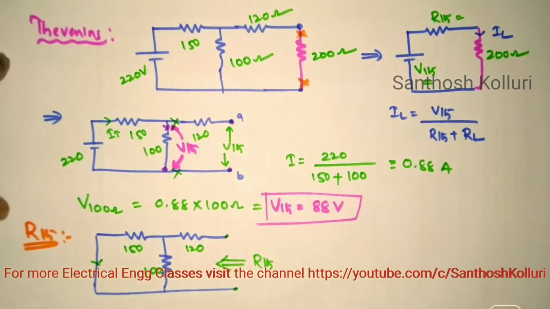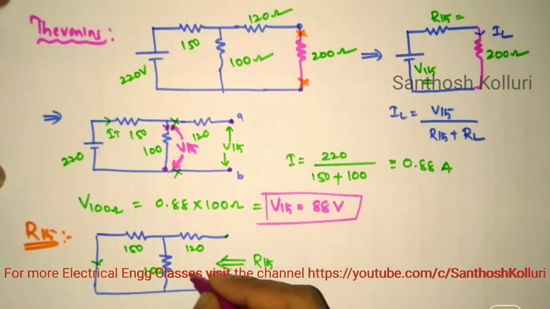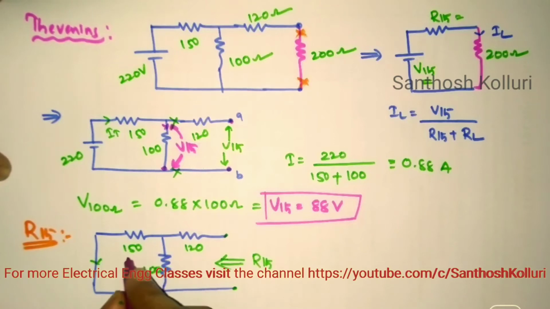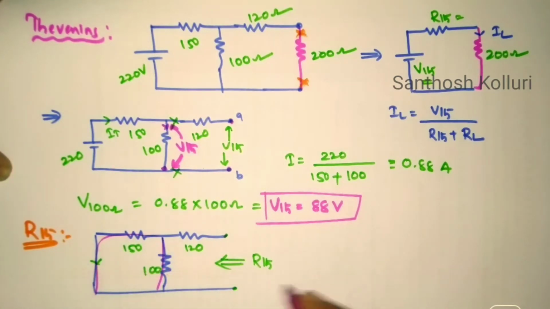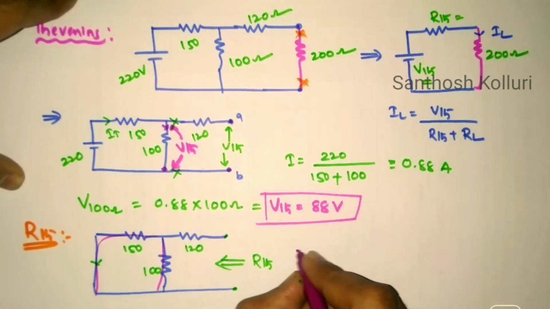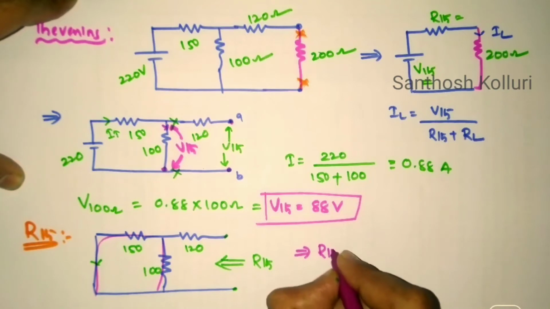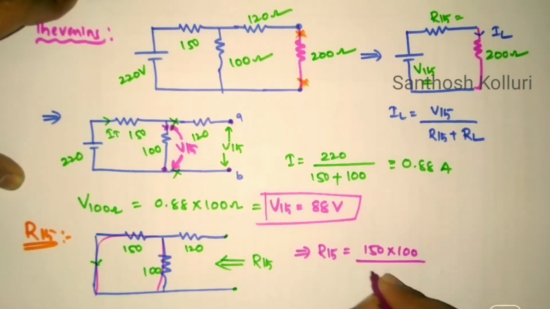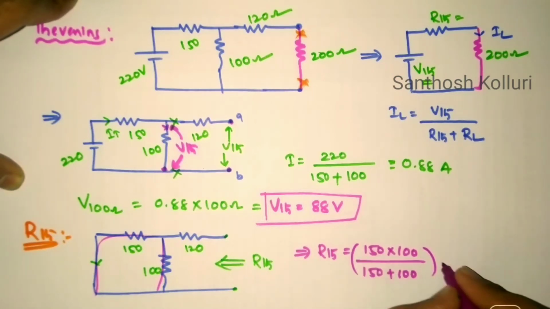So if I look from this end, that means 150 and 100 ohms are in parallel and the resultant is in series with the 120 ohms. So therefore my R Thevenin can be written as 150 into 100 in parallel, and the resultant in series with the 120 ohms resistor.